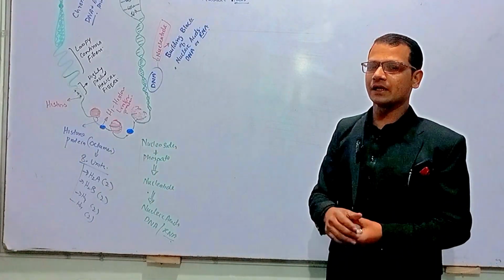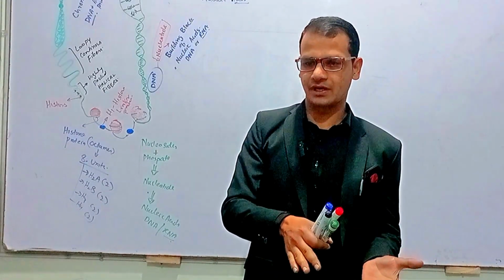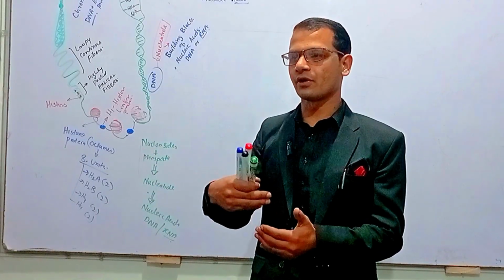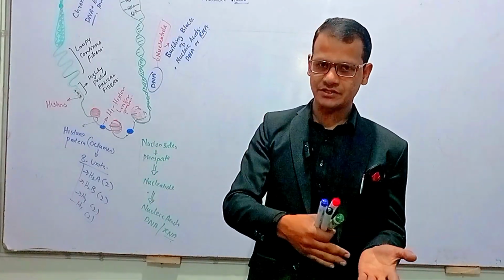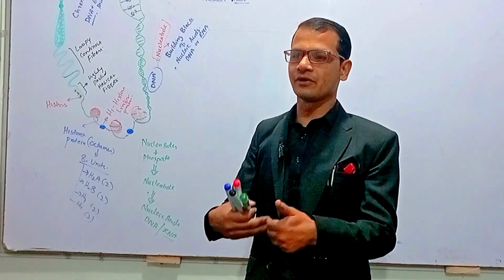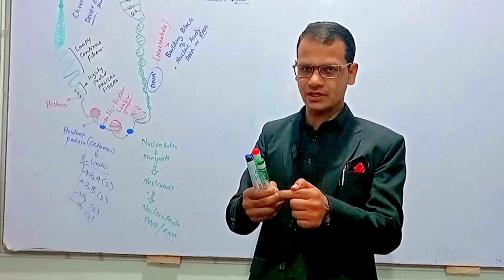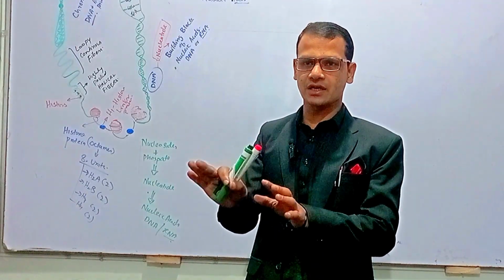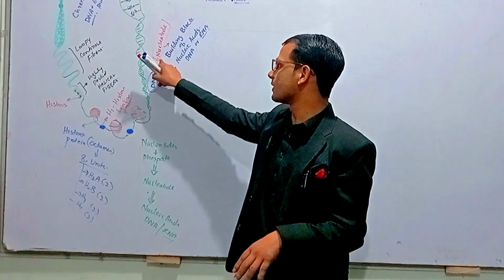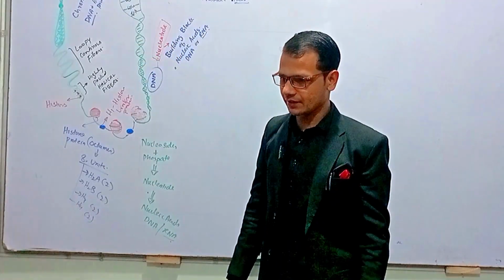Like from nephrons the kidney is formed, from neurons the brain is formed, from glucose carbohydrates are formed, from amino acids proteins are formed, from fatty acids lipids are formed. So if we know the structure of these units, this is the structure of the whole polymer. Like that, if we have knowledge about nucleotide, this is the structure of DNA, right?